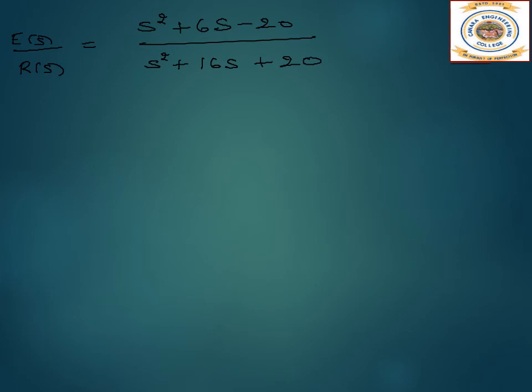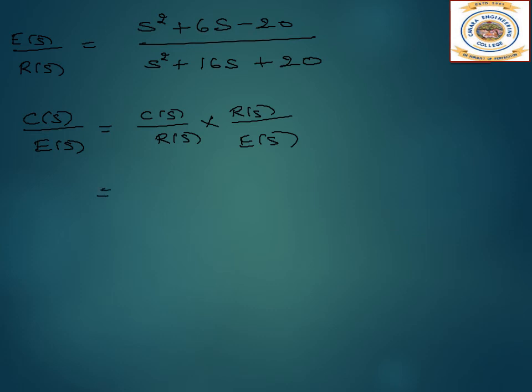Next, what do we need? We need C of s by E of s. We know the expression: C of s by R of s into R of s by E of s. Now here we have E of s by R of s, so just the reciprocal of that we'll have to take.